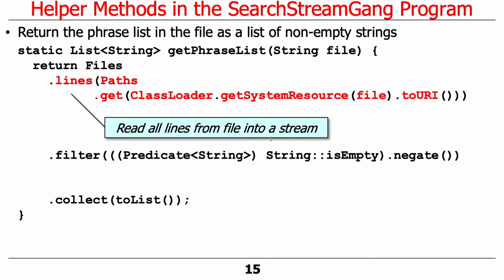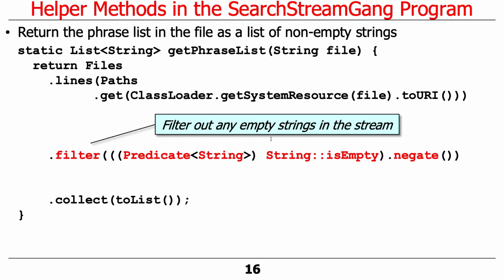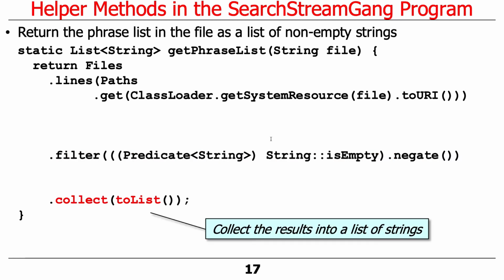So it reads all the lines from the file, and we convert those things into a stream of strings. We get rid of any empty strings that happen to be in the stream using the negate method and the isEmpty method as before, and we collect those things into a list of strings. So again, this is just illustrating how easy it is to do text processing operations using Java 8 streams capabilities. And you could do it other ways, but it would just require extra work on your part.